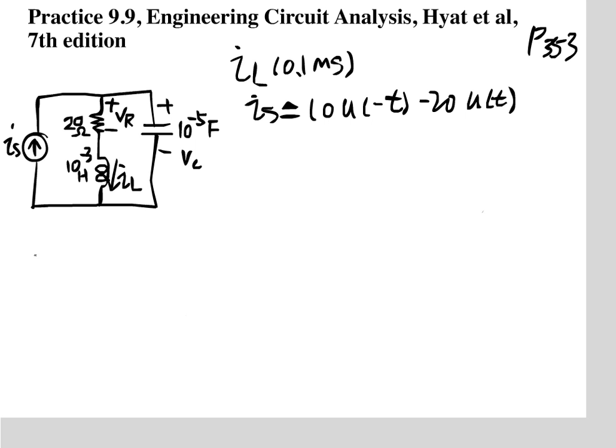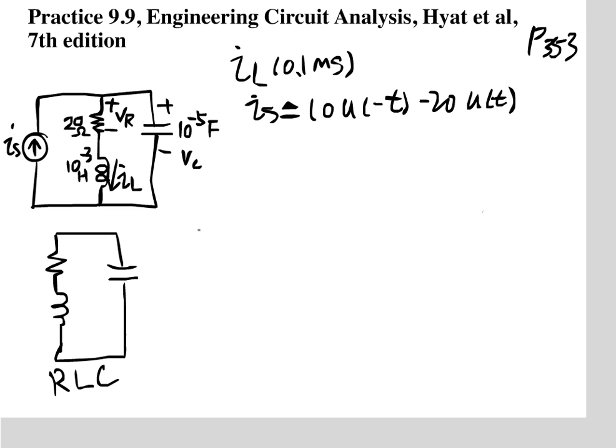Now, fortunately, what we can gather from this circuit is that if you just look at this RLC circuit in series, alpha, which is the damping coefficient, is 20 ohm divided by 2L.